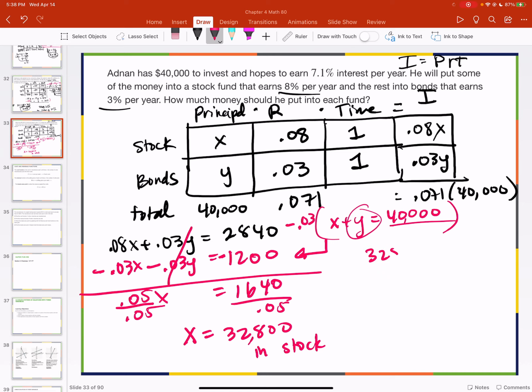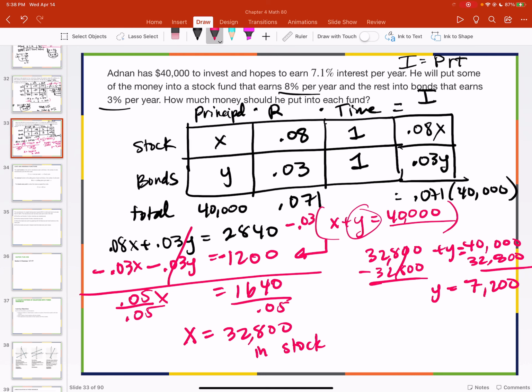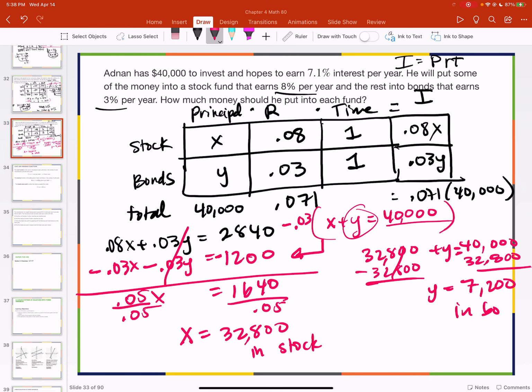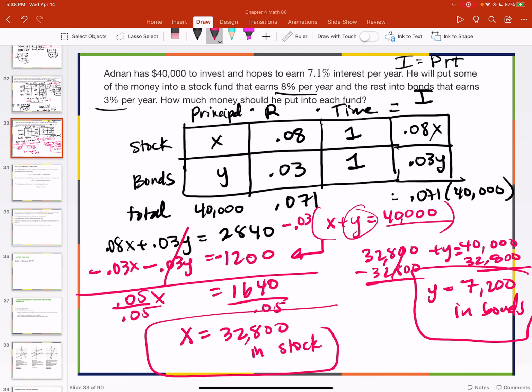So 32,800 plus y is equal to 40,000. Subtract 32,800 from both sides, and we get that y is equal to 7,200. So that's the amount in bonds. So there you go.